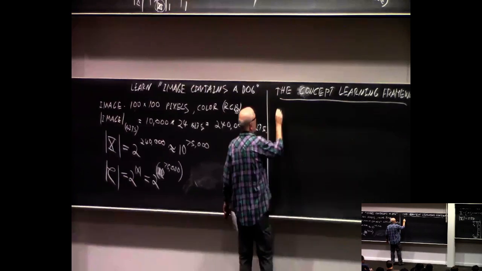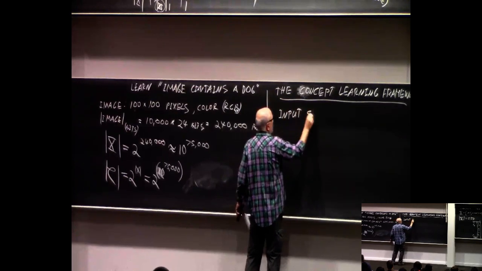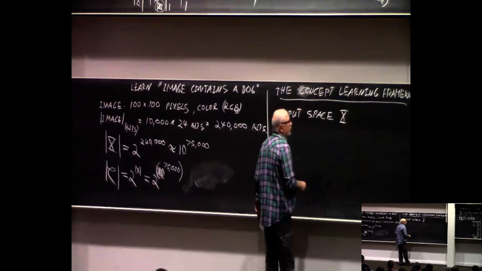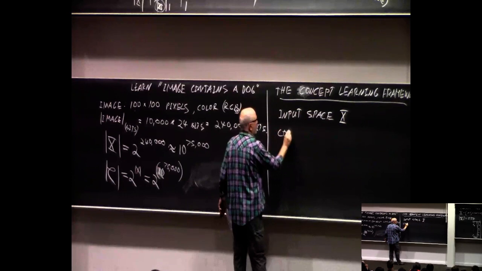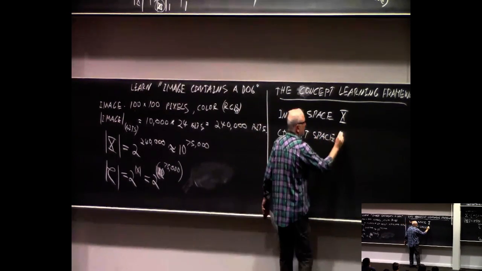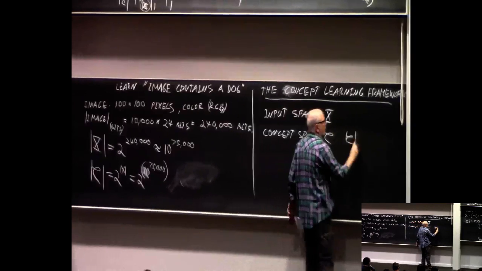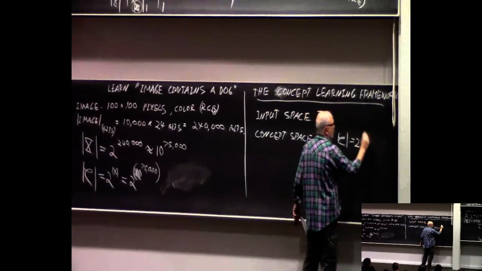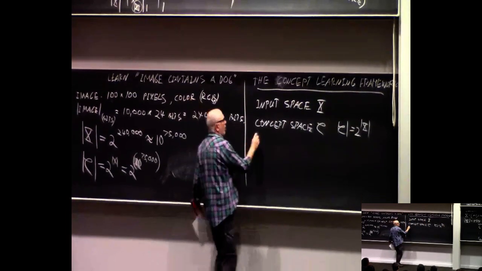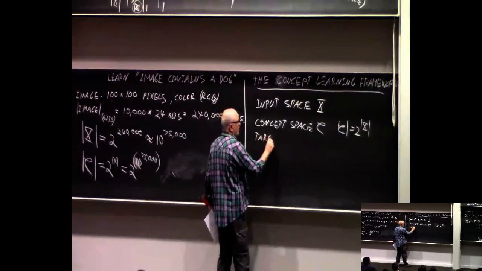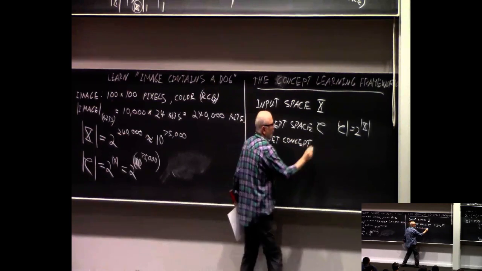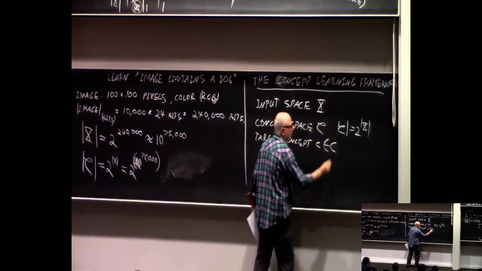You have an input space X. You have a concept space C, such that C is always 2 to the X. You have a target concept little c, that's a member of big C.